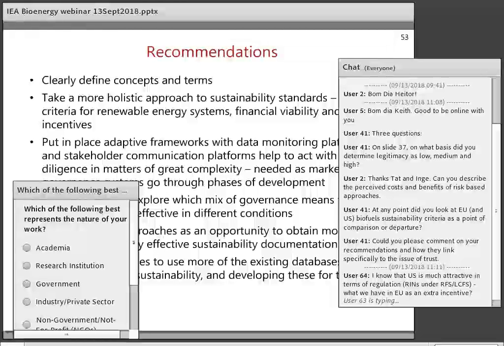So some of the things we've discussed is that much of the confusion and the disagreement that is out there arise actually because concepts and terms are not well defined and clearly defined. So if you understand different things by the same term, then you will inevitably disagree in the end.